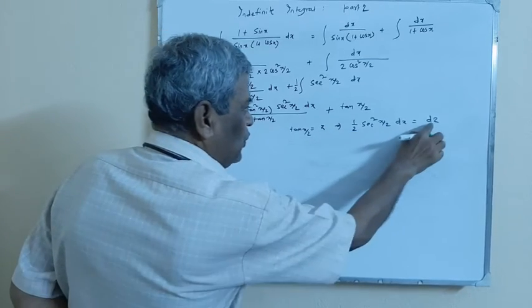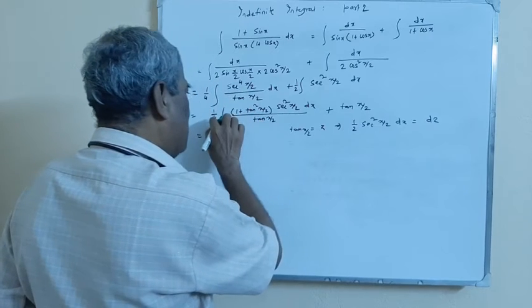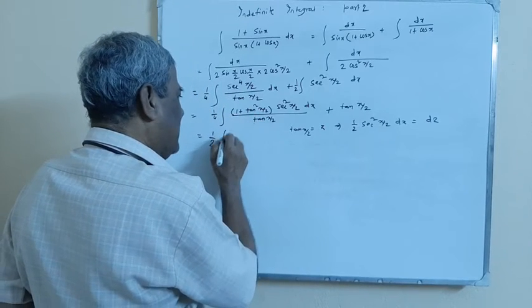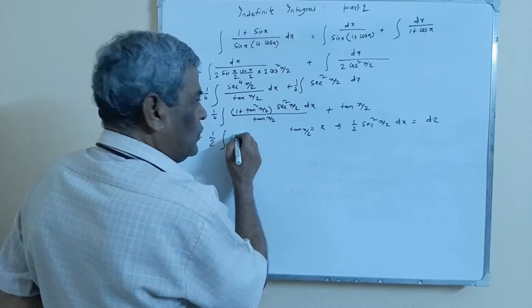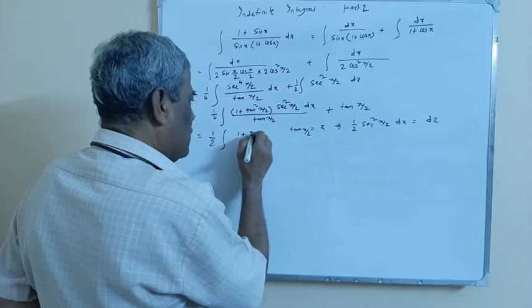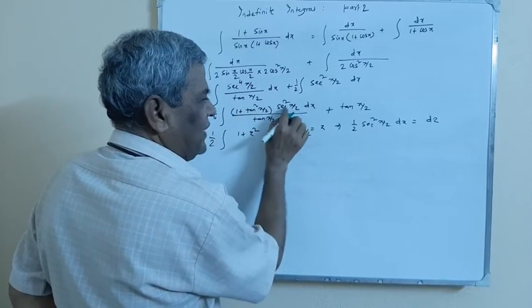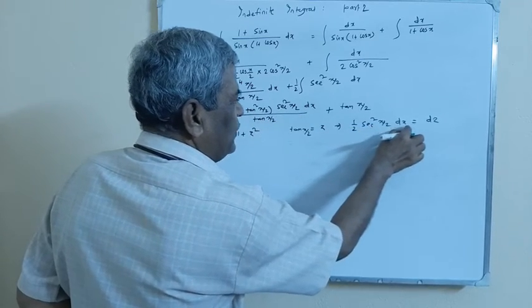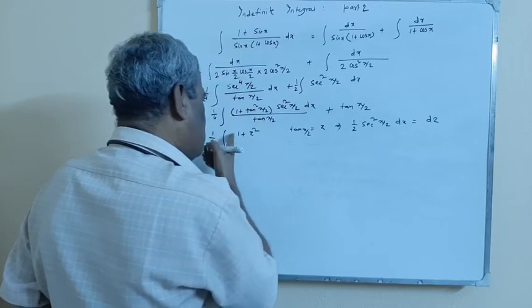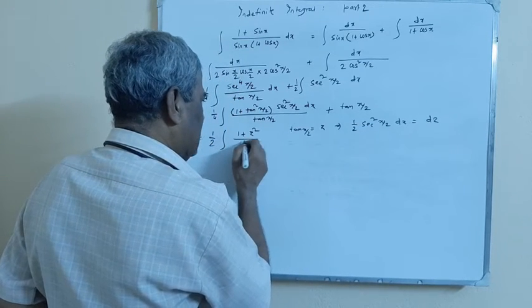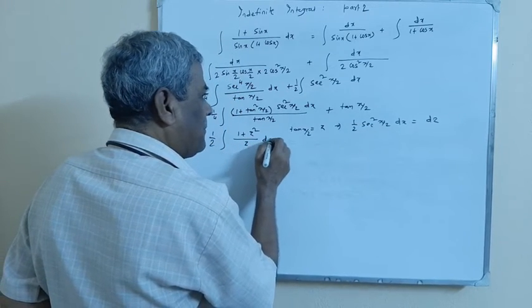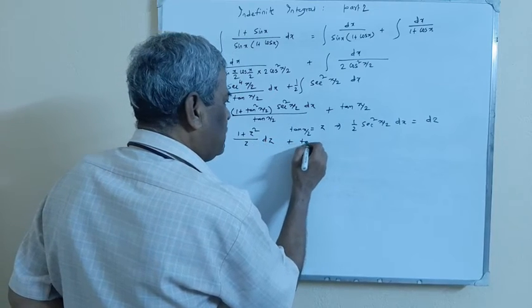A 2 will be there, so 2 and 1 by 4 is half, into 1 plus z square by z, sec square x by 2 dx is 2 dz, so this by that dz, plus tan x by 2.